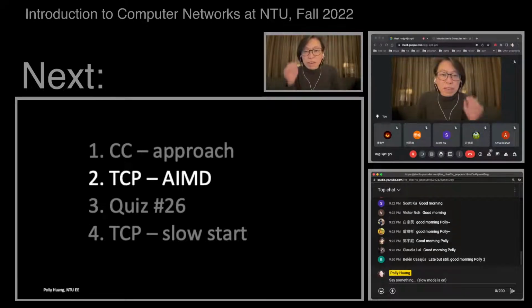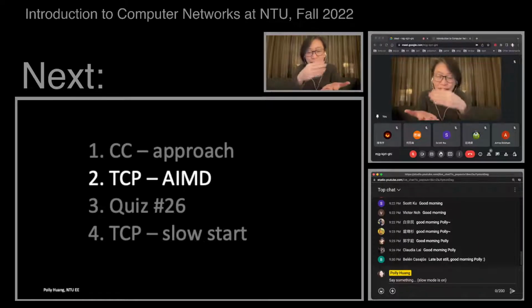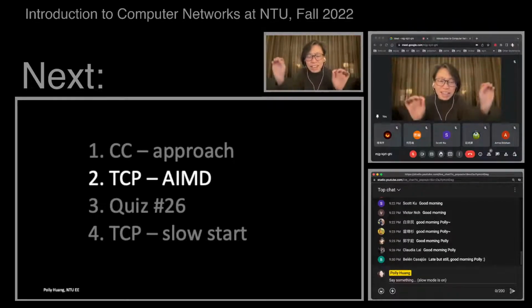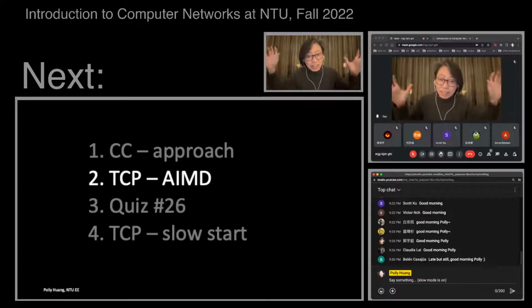But you can probably also guess how it might be very hard to implement the network-assisted approach on the Internet, because it will require every router in the core of the Internet to track the traffic level, track the queue size and buffer space, and somehow send this ECN signal to the end so that everybody can slow down accordingly.